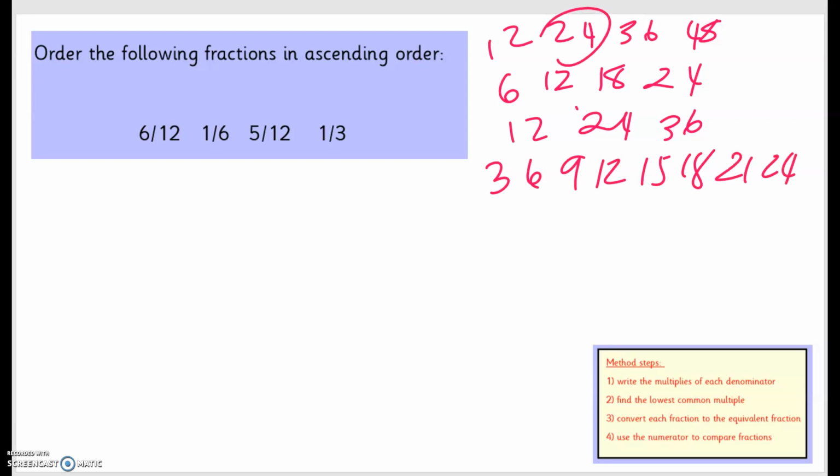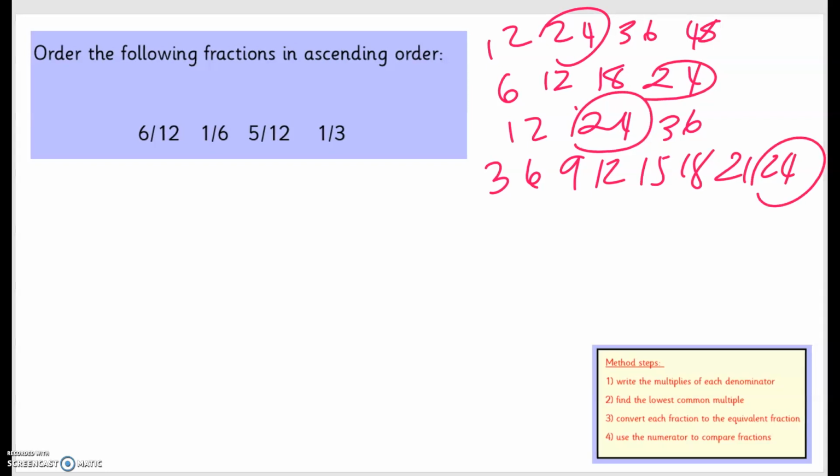So 24 is my lowest common multiple, so I can put all these fractions into 24ths.